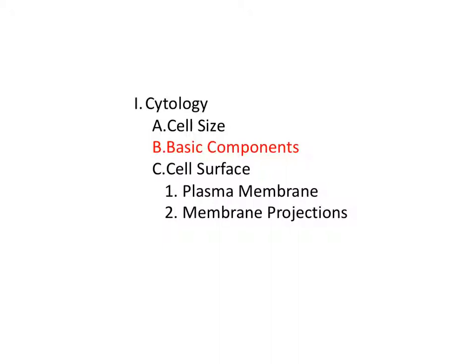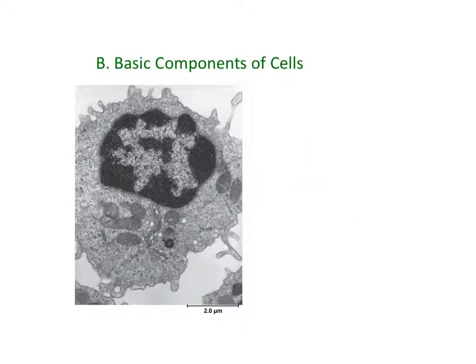Okay, so now that we understand why cells are limited in their size, let's talk about the basic components of a cell. This is an electron microscopic view of a cell. If you start out here, this is the outer edge of the cell. Then we're going to describe the components that we're looking at.